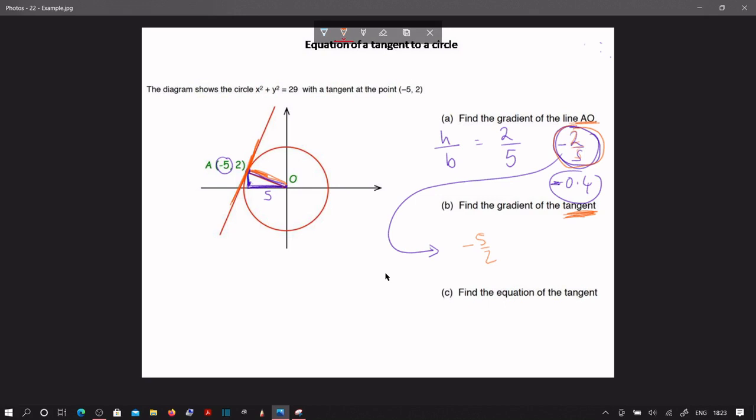Once you've found the reciprocal, the negative becomes a positive. So if this is negative, it'll become positive. If it was positive already, then obviously that would have become negative. So the gradient is 5 over 2, or if you like, 5 divided by 2, 2.5 is your answer.